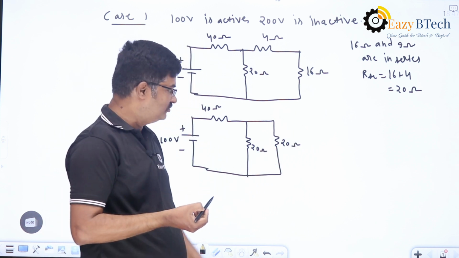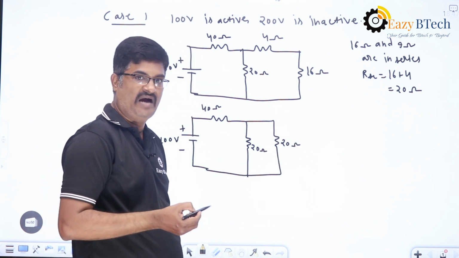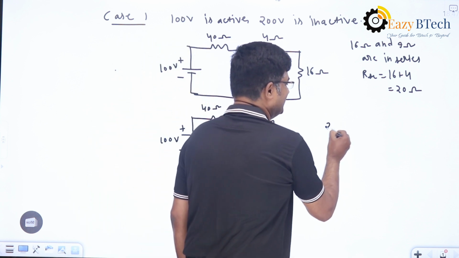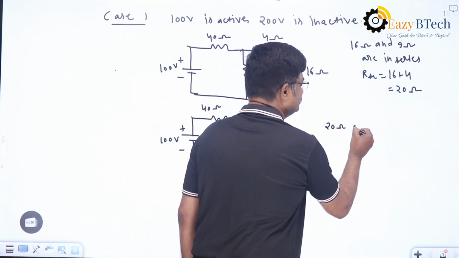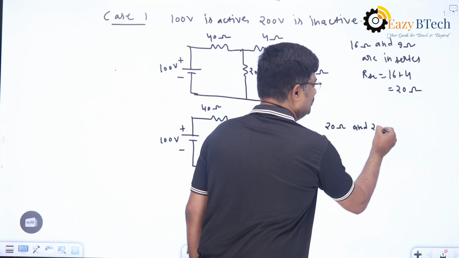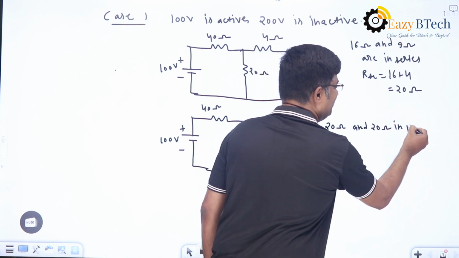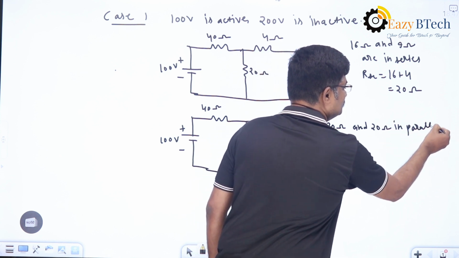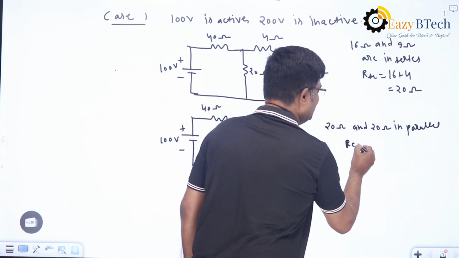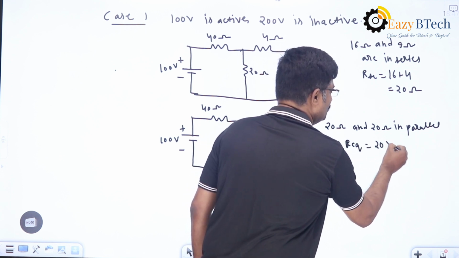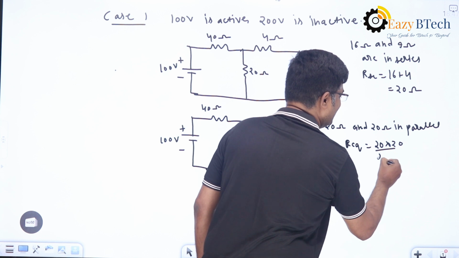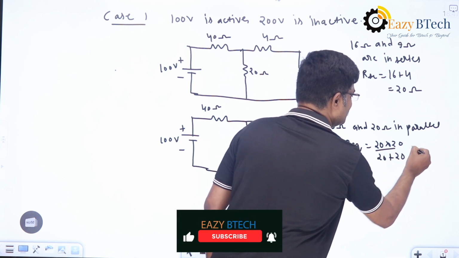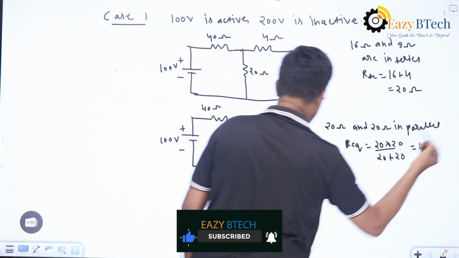By seeing the circuit, the two 20 ohm resistors are in parallel. So R equivalent is equal to 20 into 20 divided by 20 plus 20, which is equal to 10 ohm.